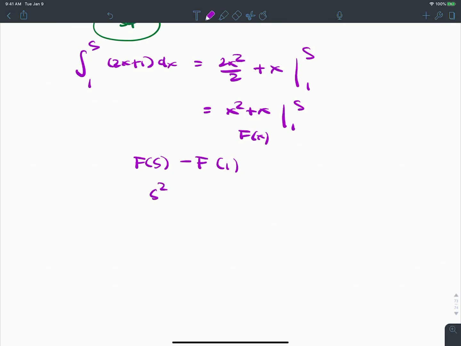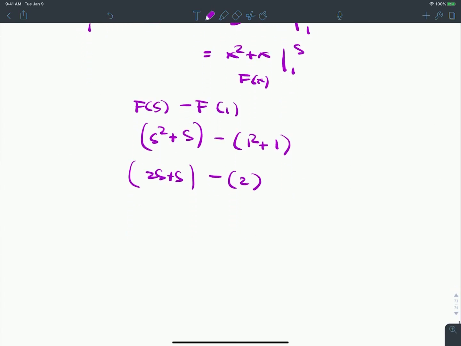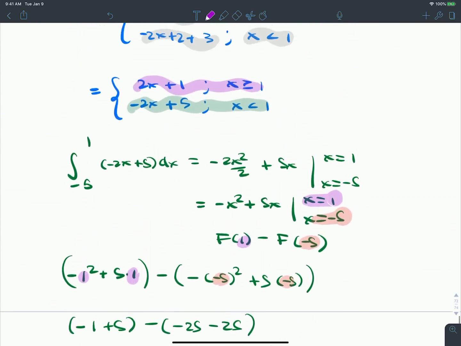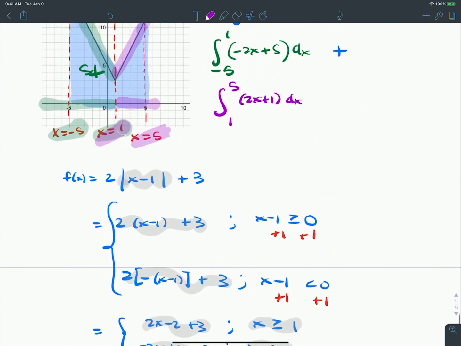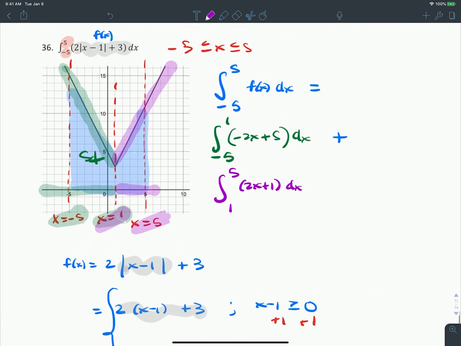So we plug in 5 squared plus 5 minus 1 squared plus 1. 25 plus 5 in the first portion. 1 squared is 1, and 1 plus 1 makes that a 2. So we get really 30 minus 2, which is 28. So the right side over here, the area is 28.